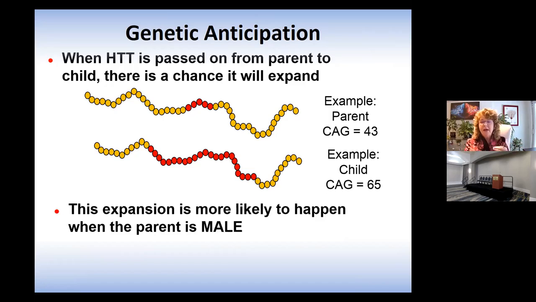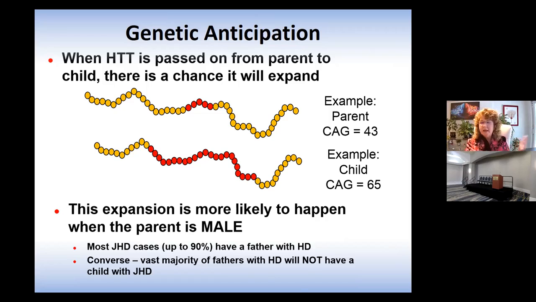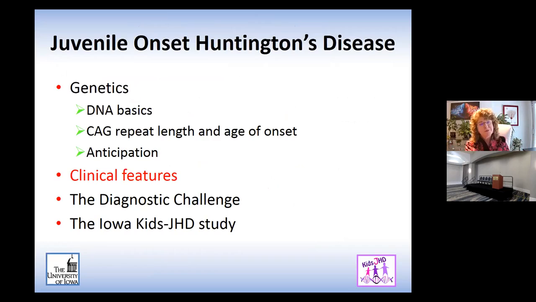Now, having said that, not every male with Huntington's passes on the gene and it expands. It's actually rare, but when it does happen, it's more likely to be male. So in most cases, about 90%, there is a father with HD. And the vast majority of fathers with HD will not have a child with HD. So it's not like every single male will do it. It's rare that it happens.